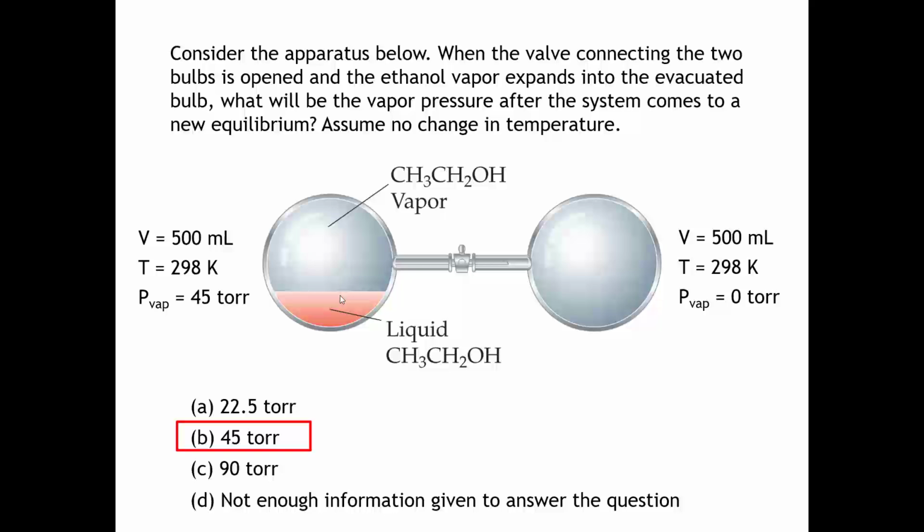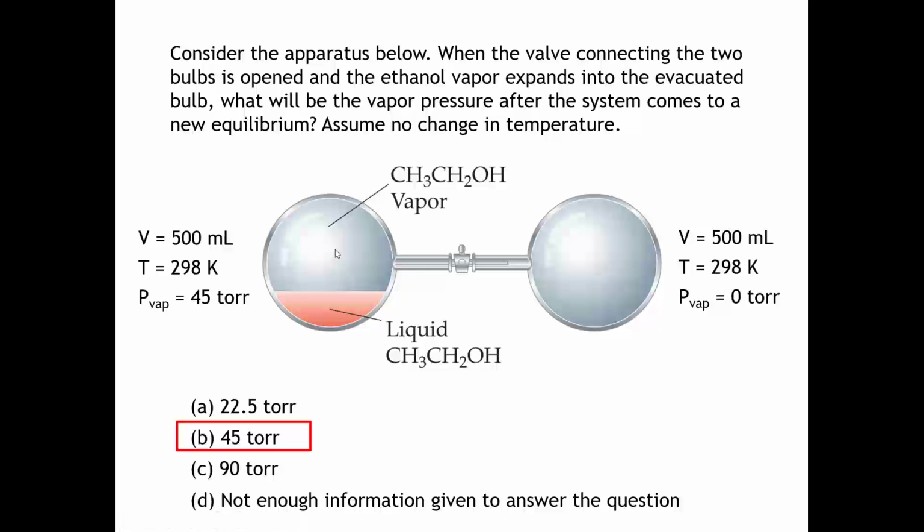And so because of that, the rate at which molecules go back into the liquid phase has gone down. To compensate for that, we're going to have a period where more ethanol is going to escape from the liquid into the vapor phase. And that will go on for a while until we get back to this same pressure of 45 torr.